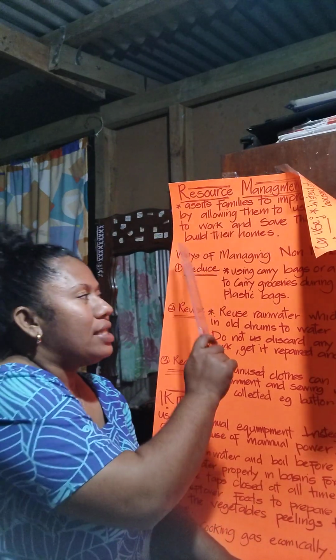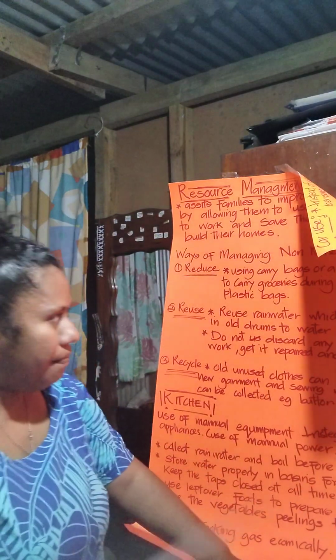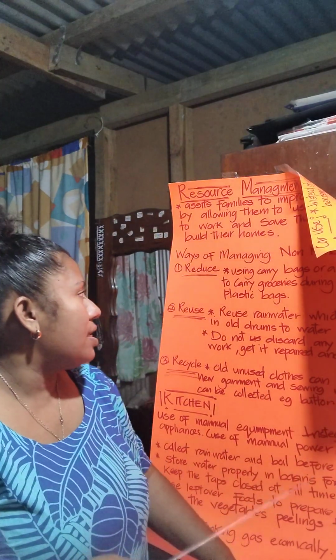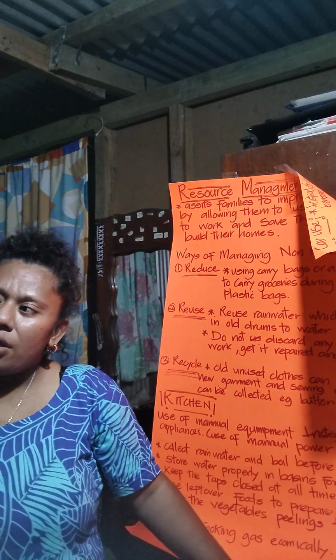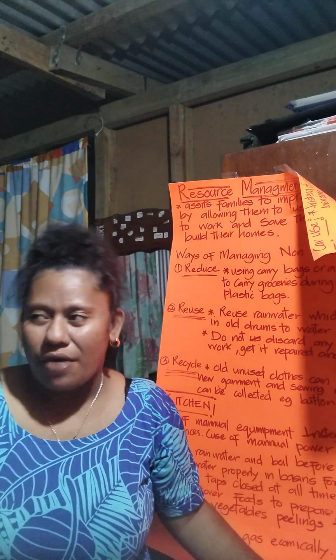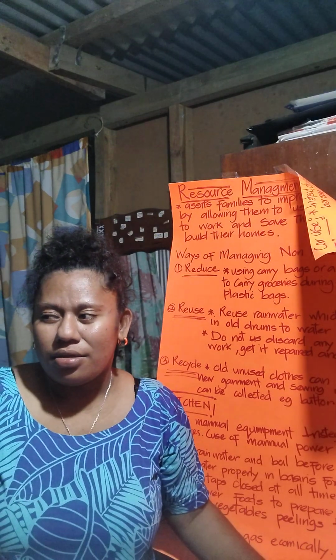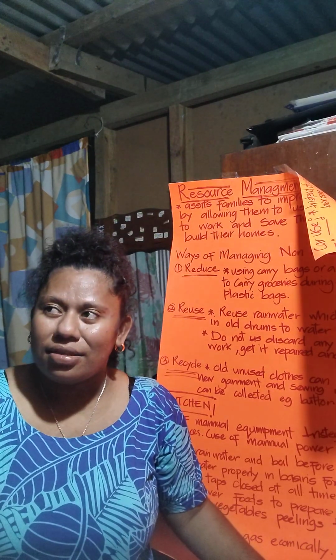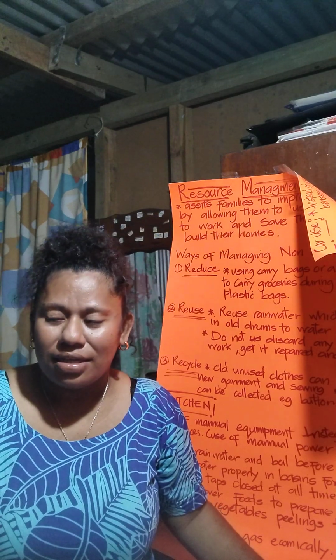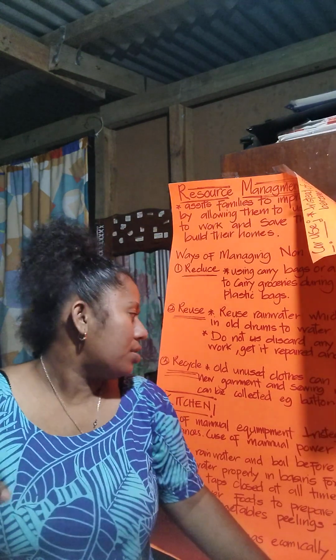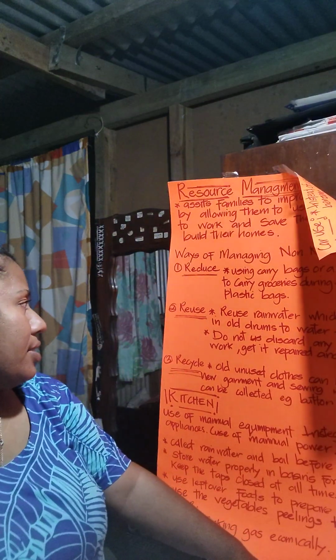Some ways of managing non-renewable resources is, can you give me the three types of R, or anyone knows three types of R? Yes, recycle, reuse, and reduce.